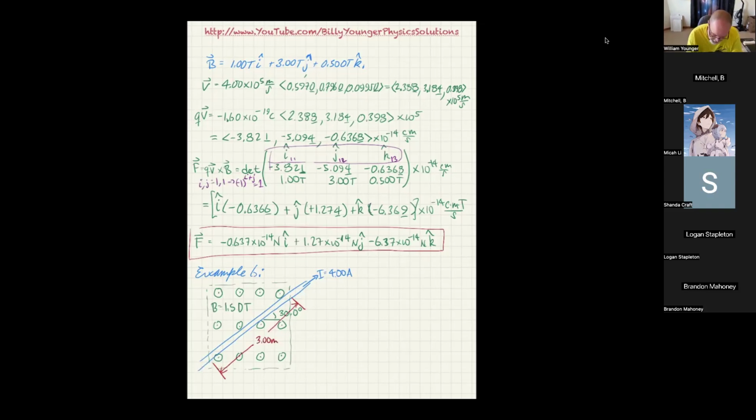What I want to find is what's the total force. So going back to my question, what is the magnetic force on the wire?